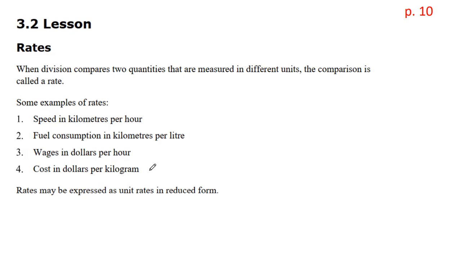And when we're shopping, the cost per kilogram, or more commonly here, the cost per pound, if we're buying things like fruit or vegetables, things that are purchased based on weight. So we can see rates in many life examples. When we look at unit rates, we're looking at reducing to a single quantity. So per hour, per liter, per kilogram, those all are expressed as unit rates.